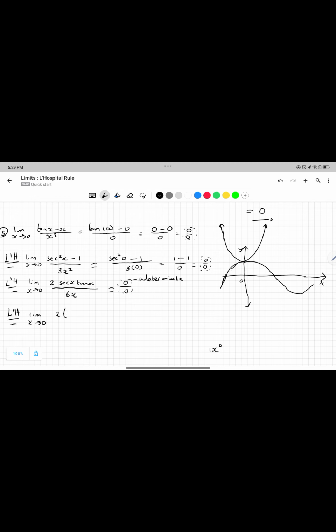We derive the first, which is secant x, and we get secant x tan x, multiplied by tan x. And we add, keeping secant x the same, multiplied by the derivative of tan x, which is secant squared x. Then we divide all of this by 6.